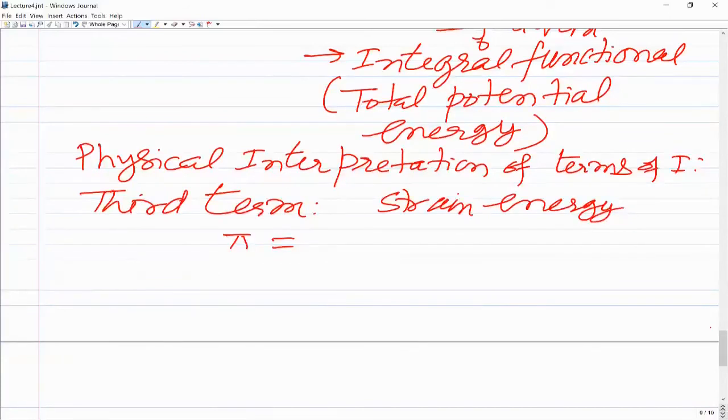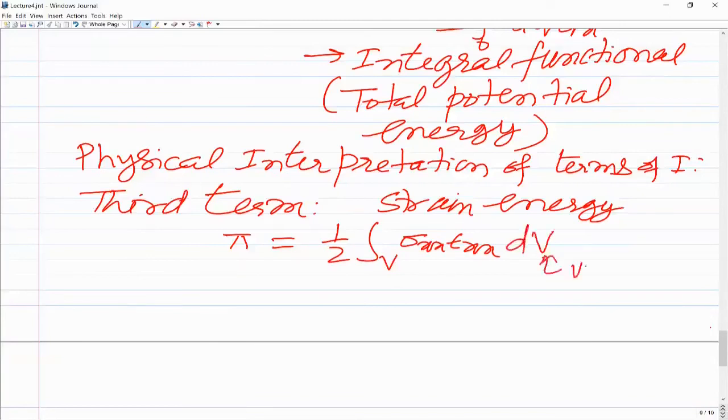So the strain energy is half the integration over volume, and the only non-zero product is sigma xx into epsilon xx. Of course, this is linear. When we derived the differential equation, we already said that the material is linear elastic isotropic. So the strain energy is half integral of sigma xx into epsilon xx dV, where V is volume.